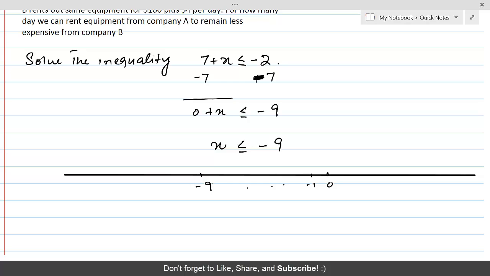So that is step number 1. Step number 2, find out if x is on the left side of this reference value or on the right side. X in this case is less than minus 9, therefore x is on the left side of minus 9. So we draw a solid line on the left side of minus 9 to indicate that this is the region for the solution.